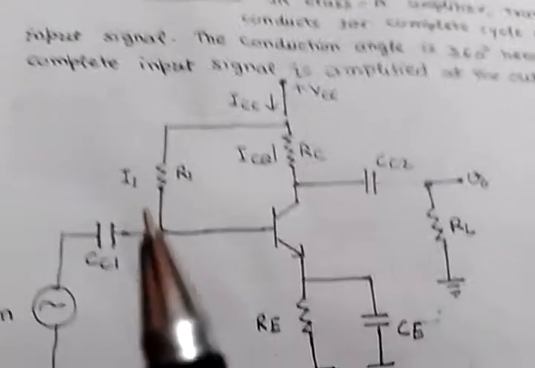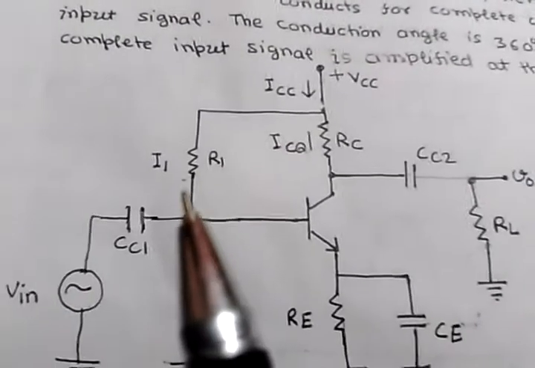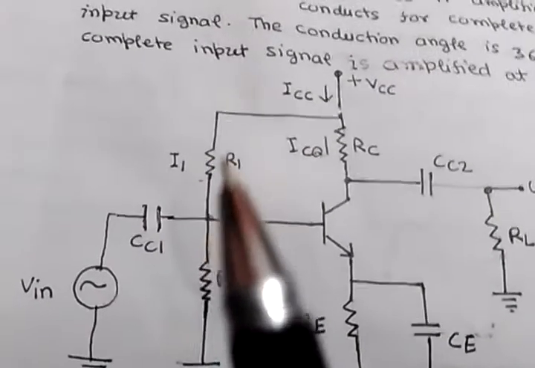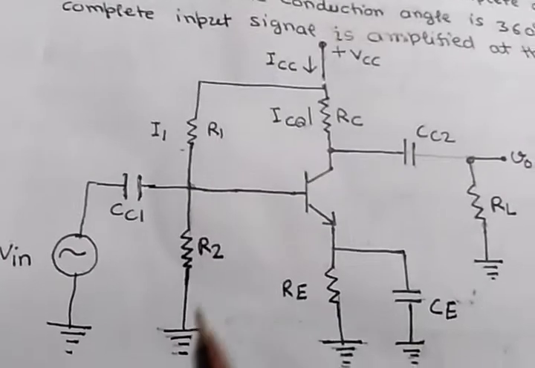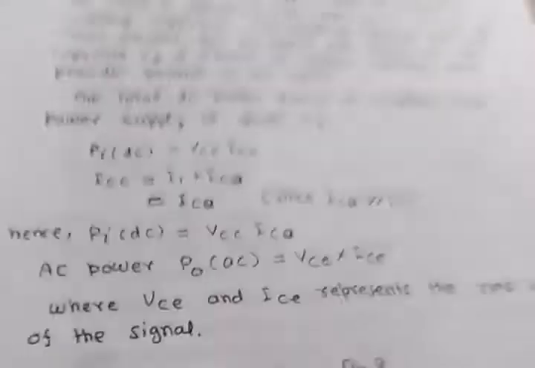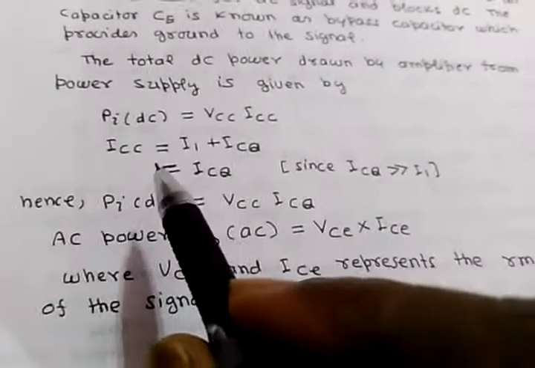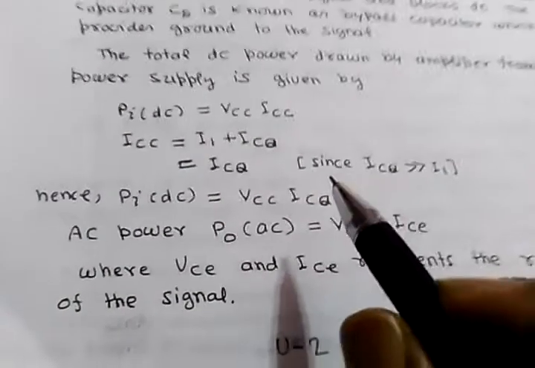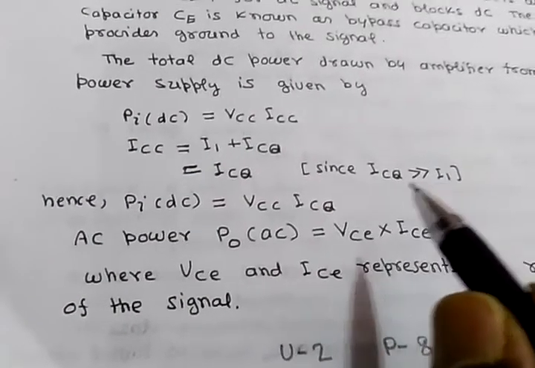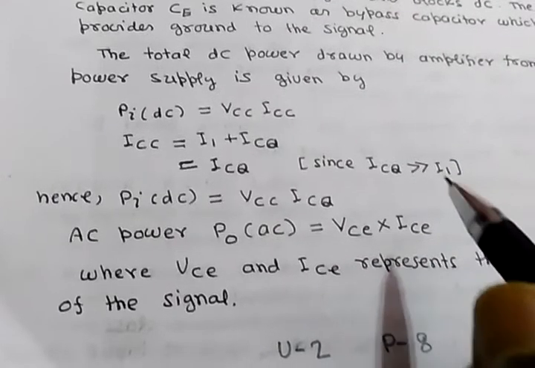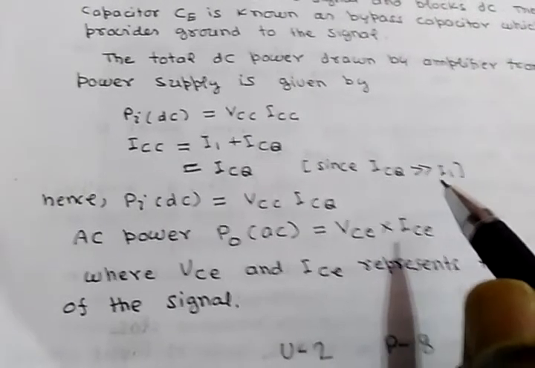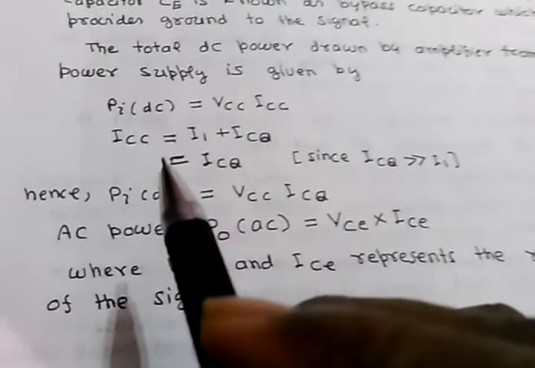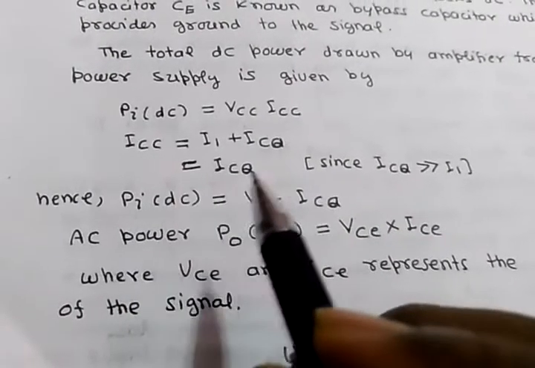And I1 is the current in this voltage divider network R1 and R2. ICC equals I1 plus ICQ. Since ICQ is much greater than I1, we can neglect I1. In this way we can write ICC equals ICQ.